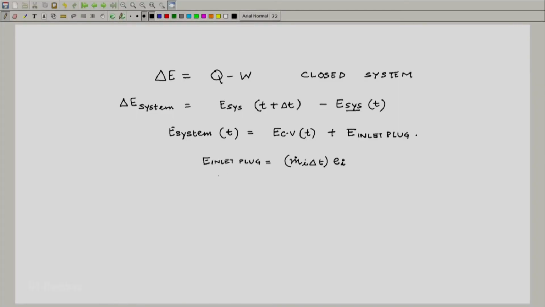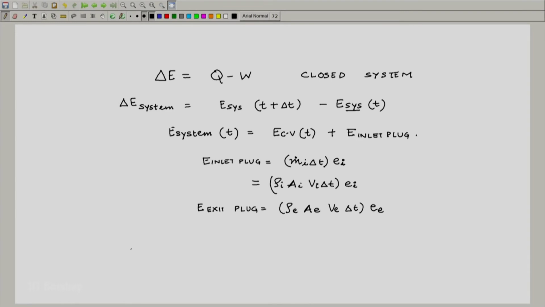We have now written down an expression for energy of the inlet plug. So, this can of course also be written as rho I AI VI delta T eI. We can of course have energy of the exit plug similarly as rho E AE VE delta T into eE, where eE is the specific energy at the exit side.